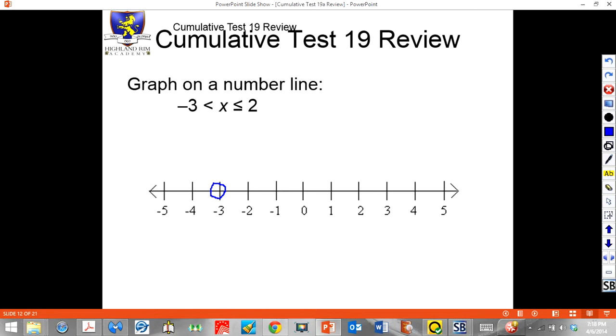We have 2 is included, is less than or equal to 2, and all we have is a nice line going from -3 to +2, including +2, but not including -3.